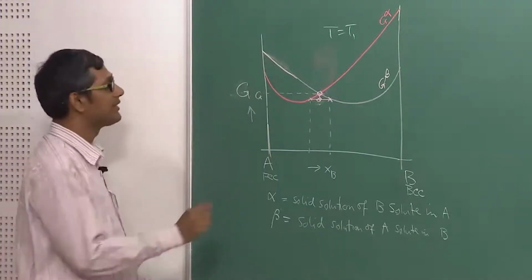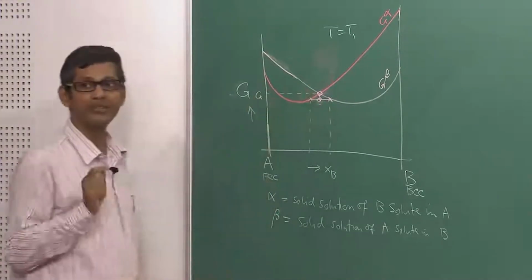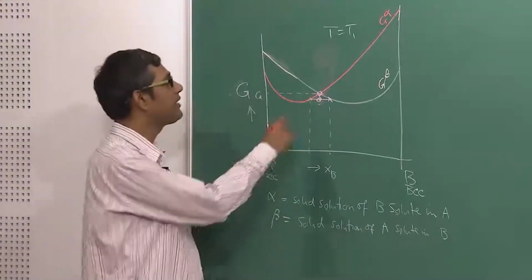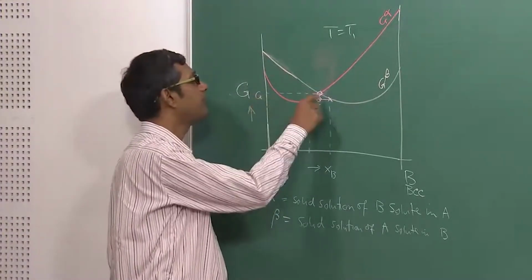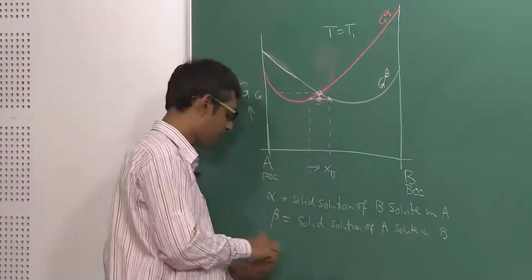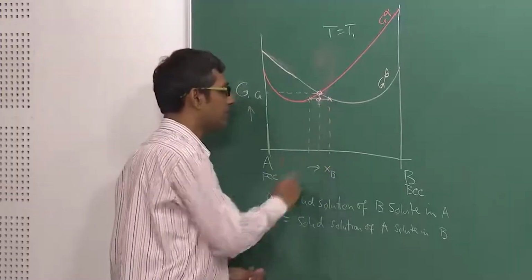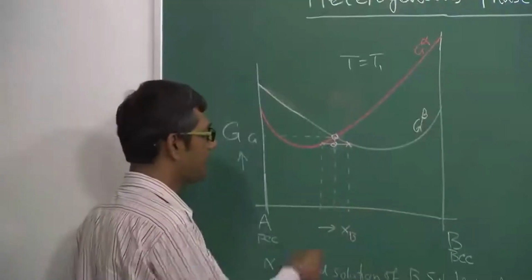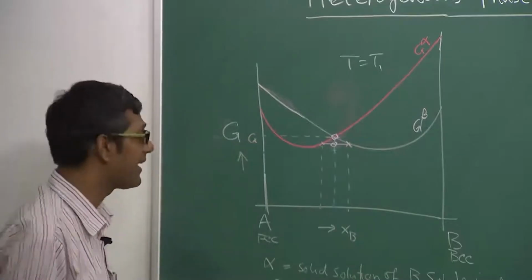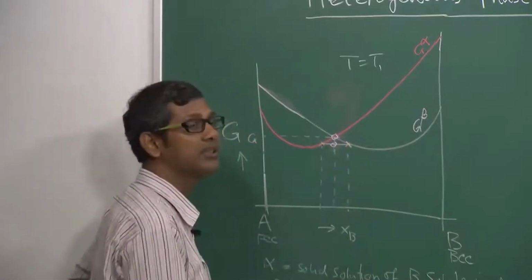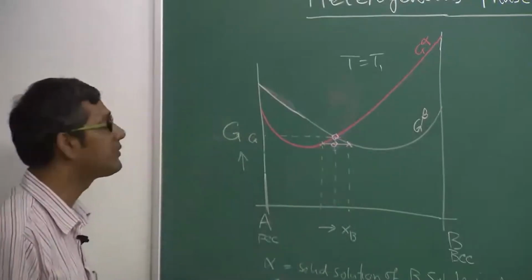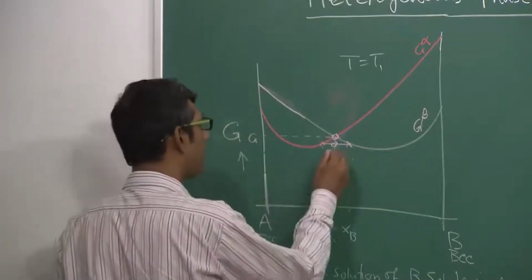So even though the crossover point tells you that the free energies of both solutions are equal, and that alpha of this much B and beta of this much A will be stable from this diagram, that is not the case, because the system can always decompose into more alpha and more beta and reduce its free energy further.